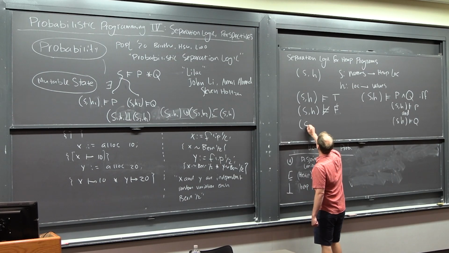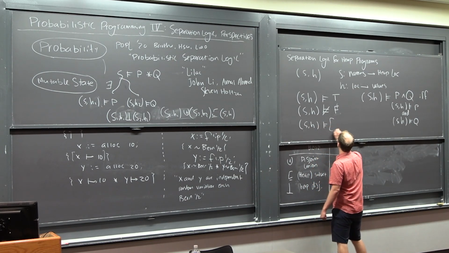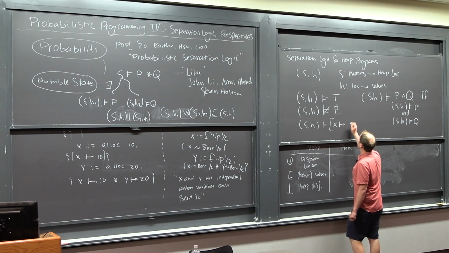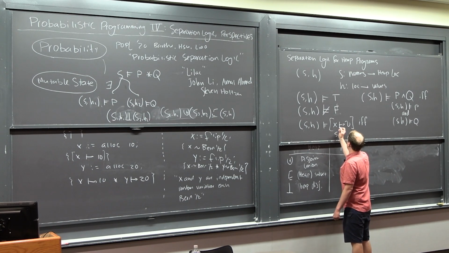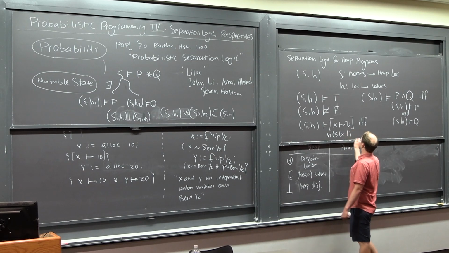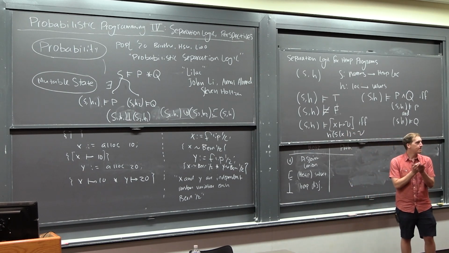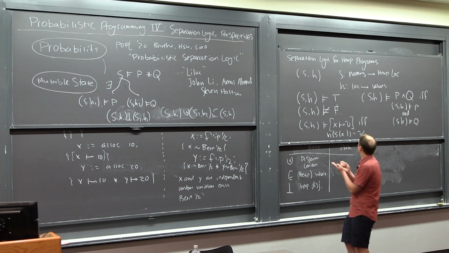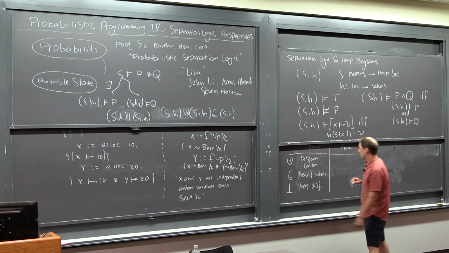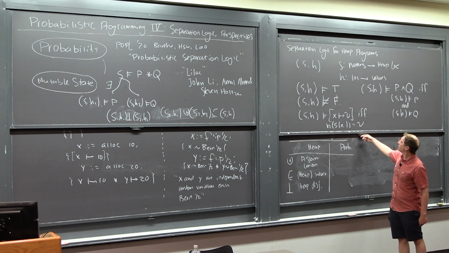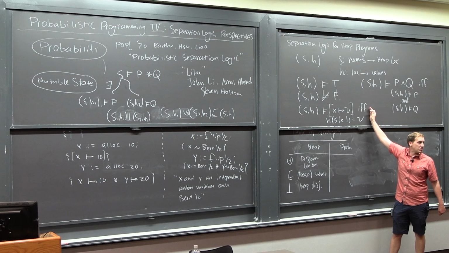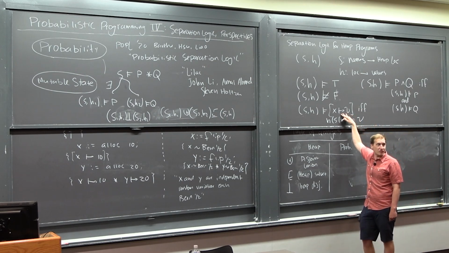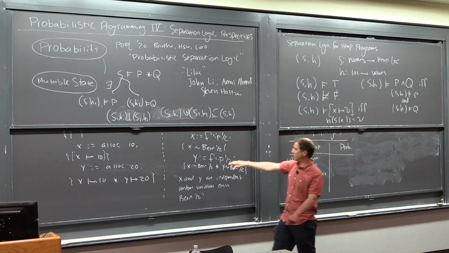We'll say S models X points to V if and only if H is defined on S H of S of X, and that equals V. So these are your so-called structural interpretations, and these are your theory-specific interpretations. This one's for pointers. We're going to have a different one for probabilities. It'll be of these shapes.